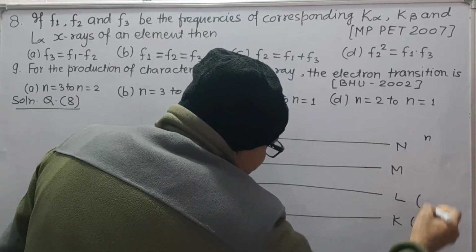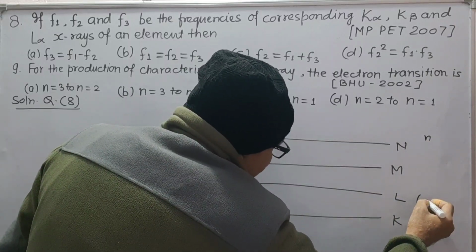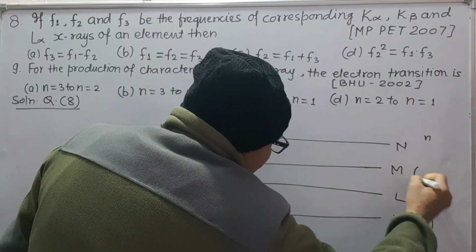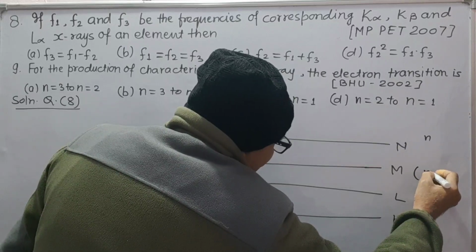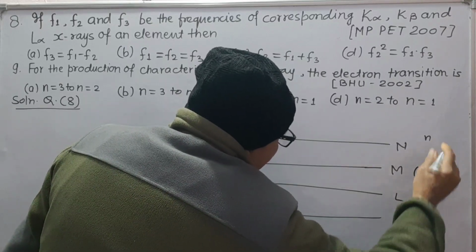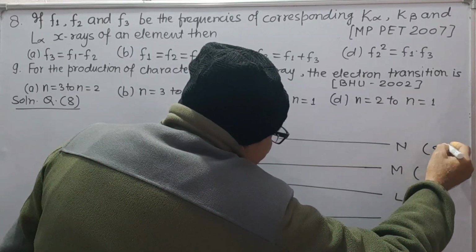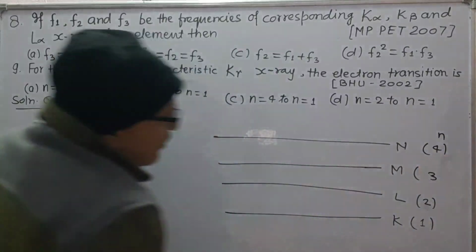For K, n is equal to 1. For L, n is equal to 2. For M, n is equal to 3. And for N, n is equal to 4.